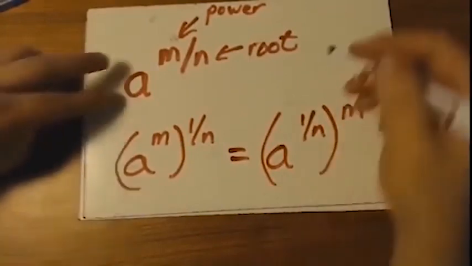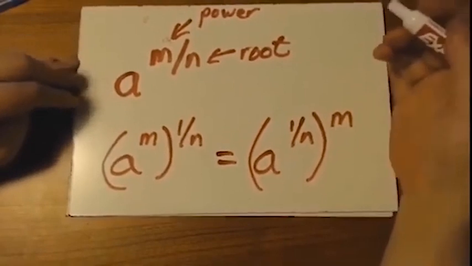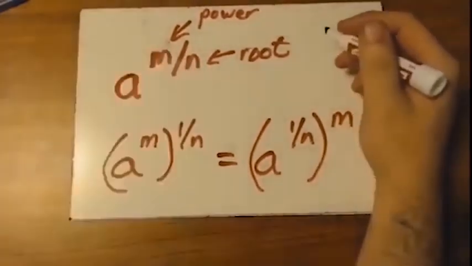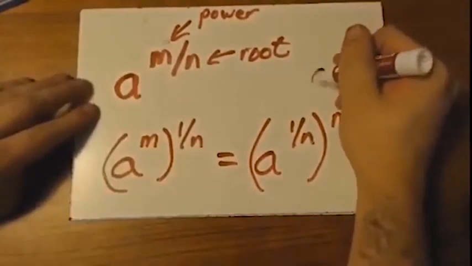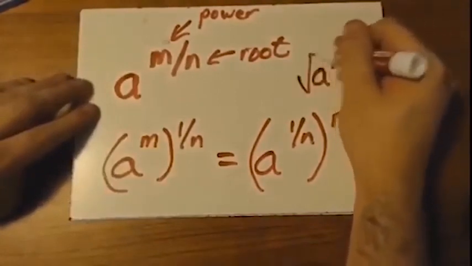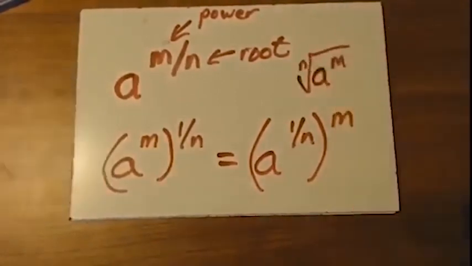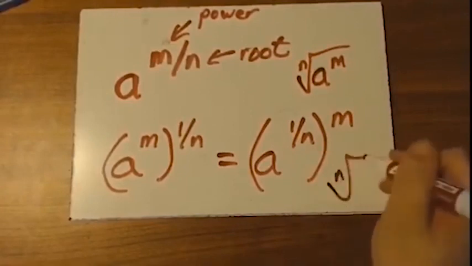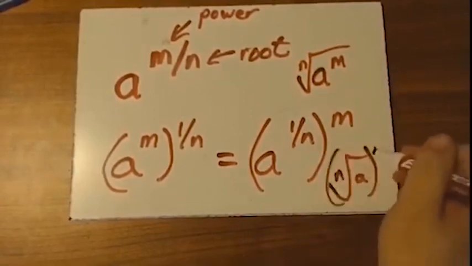But in radical form, power over root. So the nth root of a to the m, or the nth root of a, all raised to the m.